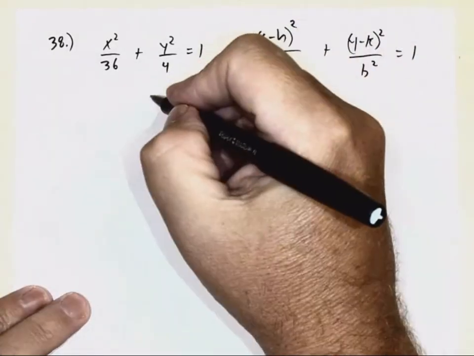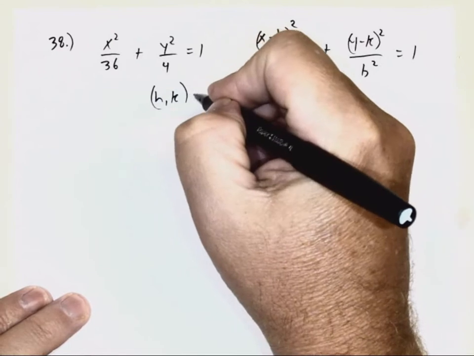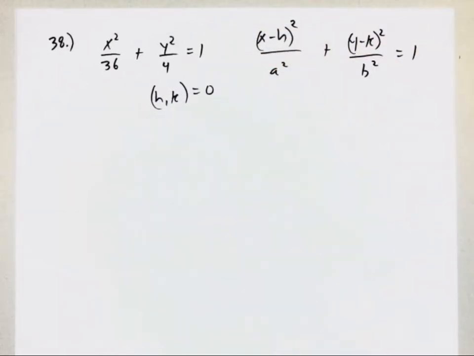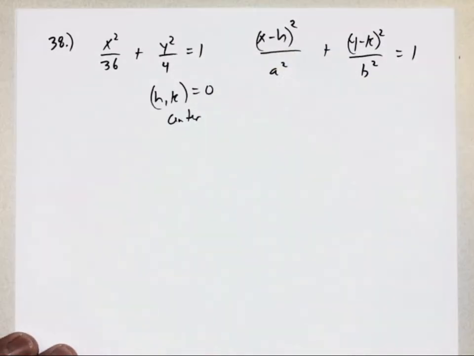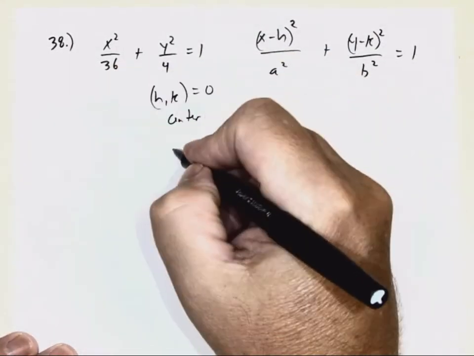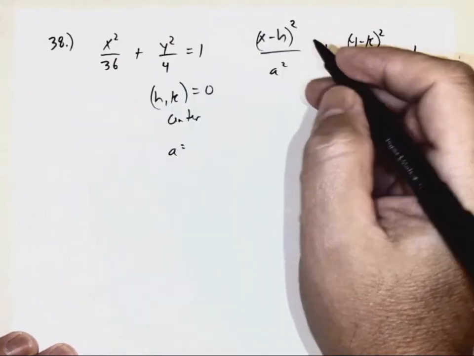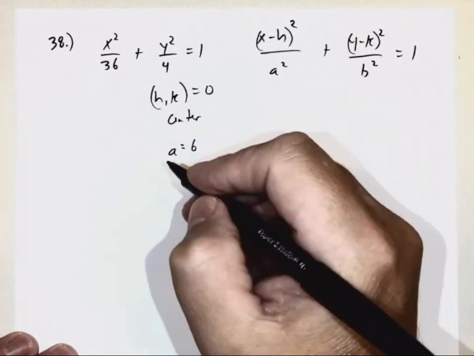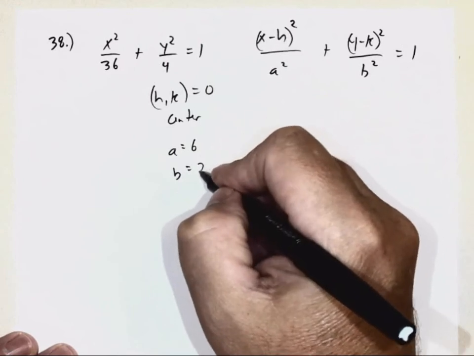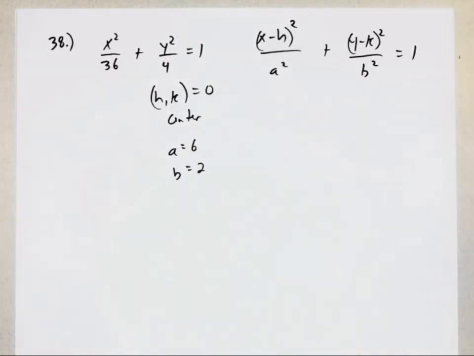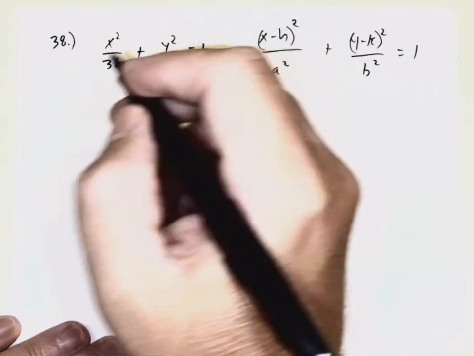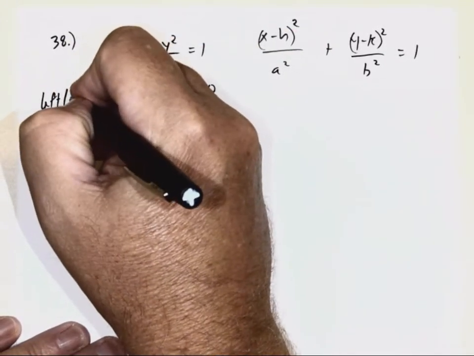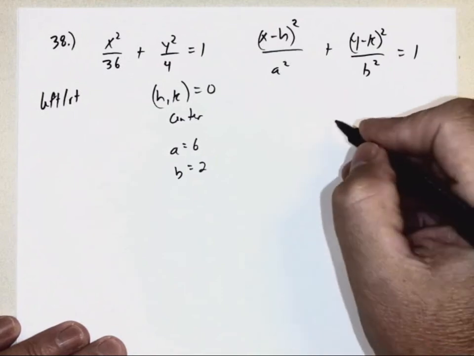Now, in our case, (h, k) is (0, 0), which is the center. And it looks like a is the square root of 36, which is 6, and b is 2. So since x is bigger, this is what we call a left-right ellipse.